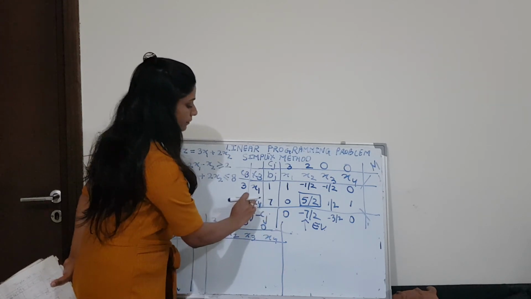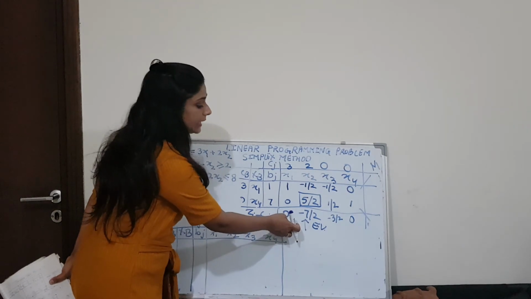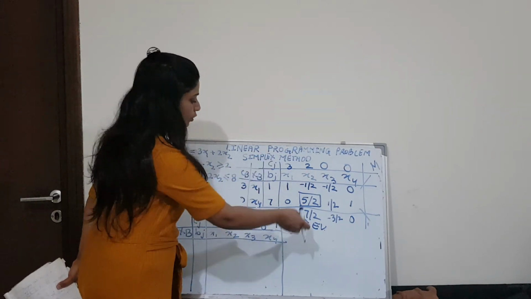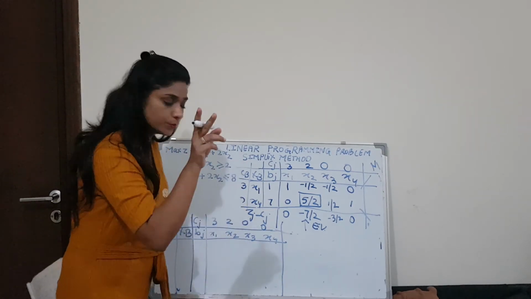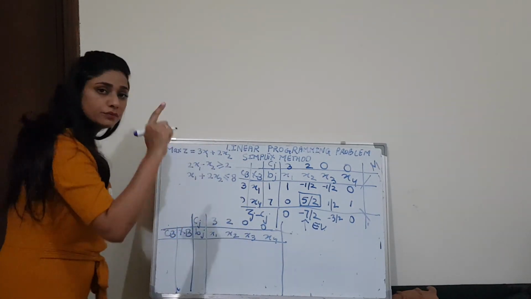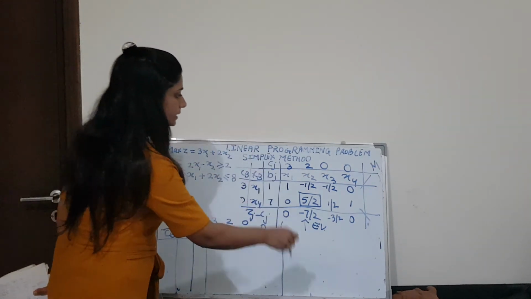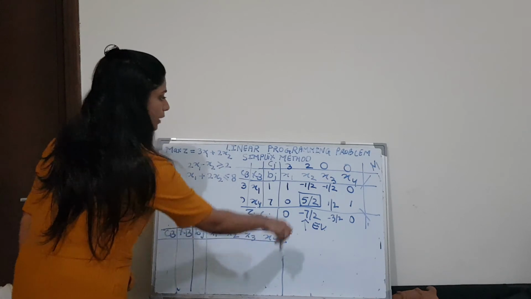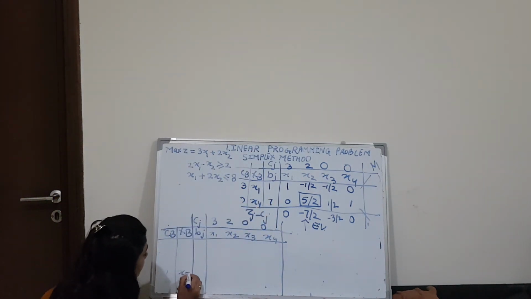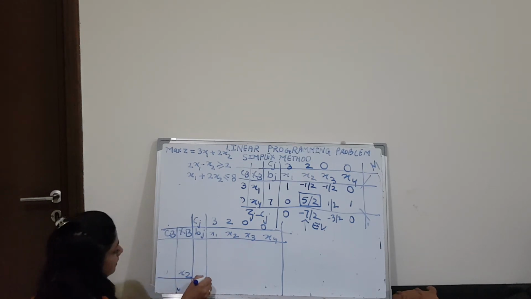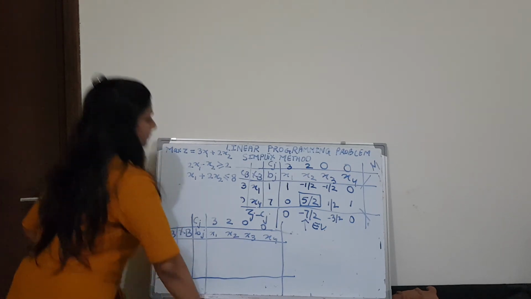So we will remove this x4 and replace it by x2, because we are getting the entering vector from the second column. So on the very first step, the column of the entering vector is what we write here. So I am writing x2 in place of x4.